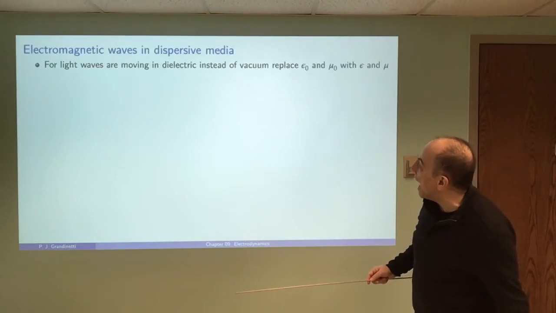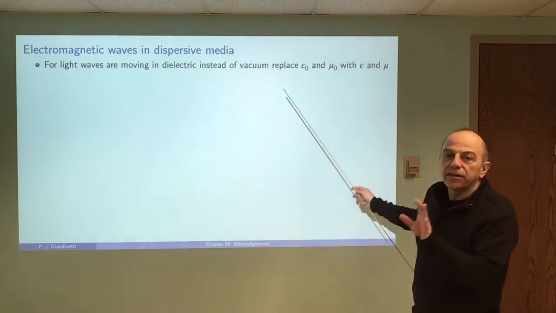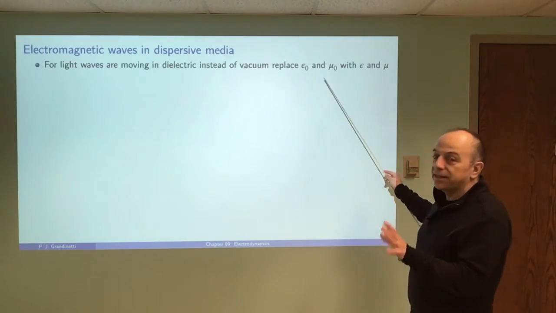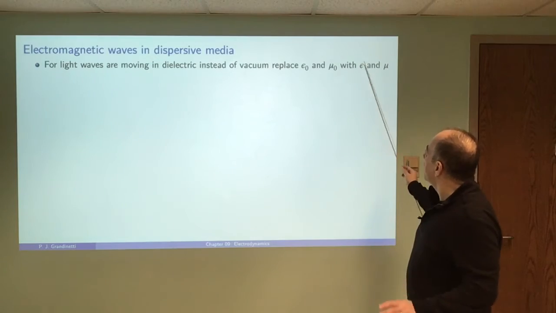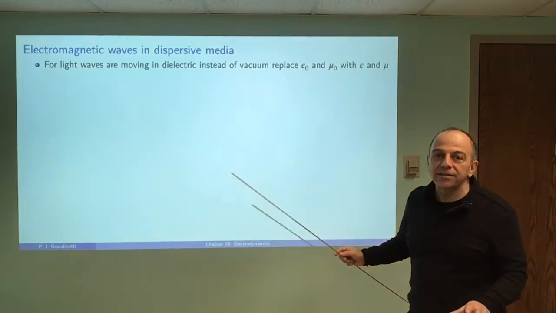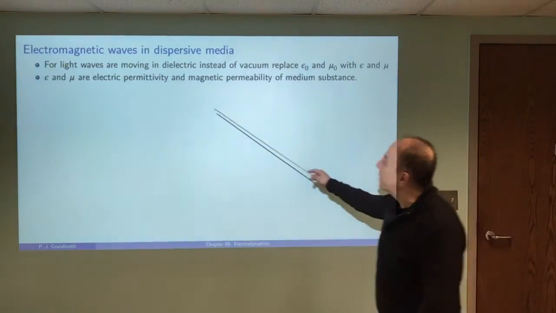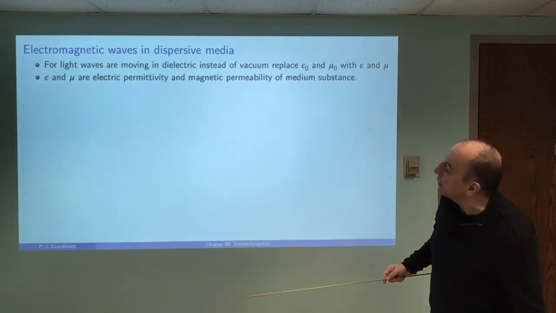So let's take a look at how you would get that relationship. Well, first of all, the derivation is relatively straightforward. You can simply get the solution by replacing the electric constant and the magnetic constant of free space with the permittivity and permeability of whatever medium the light is traveling through.